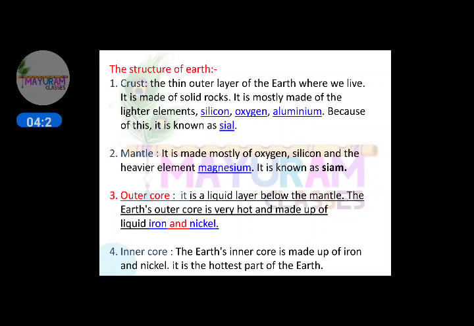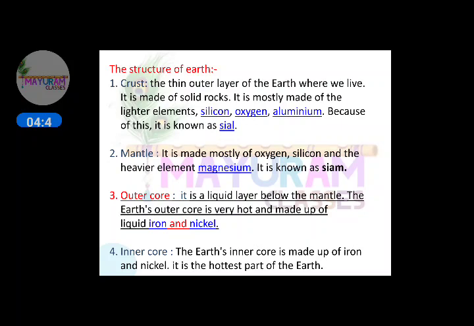So the earth spins around its axis. We all know that, just as a top spins around its spindle or axis. The rotation of the earth on its axis causes motion in the liquid metal which is present in the core.